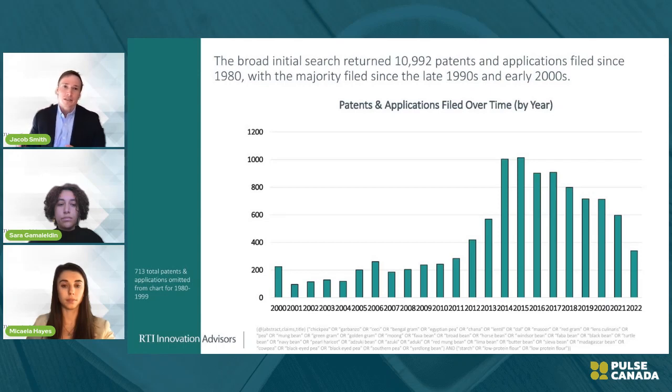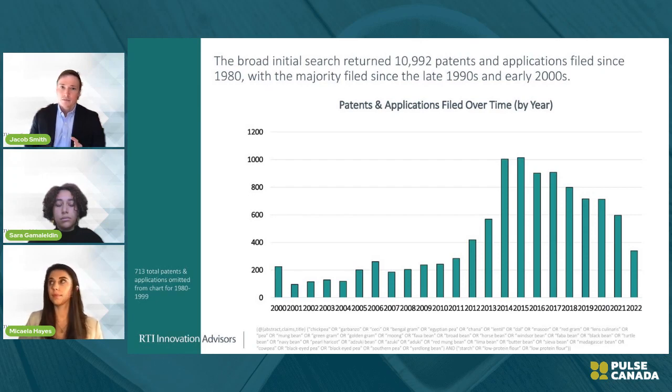So when you look across the space from about 1980 through to 2022, in this case, you'll see that the vast majority of patents and applications filed began picking up in the early 2000s time period and really accelerated and took off exponentially as you got into the 2014 timeframe.